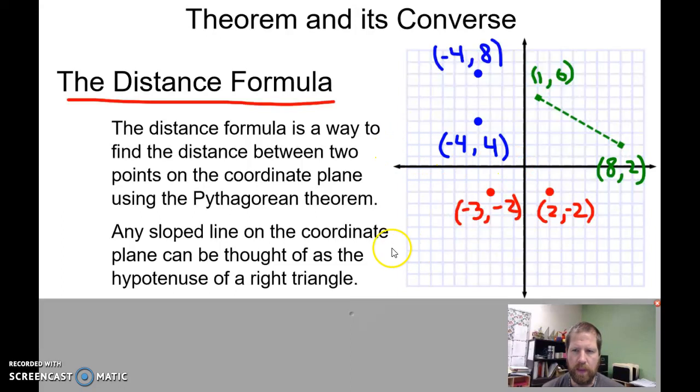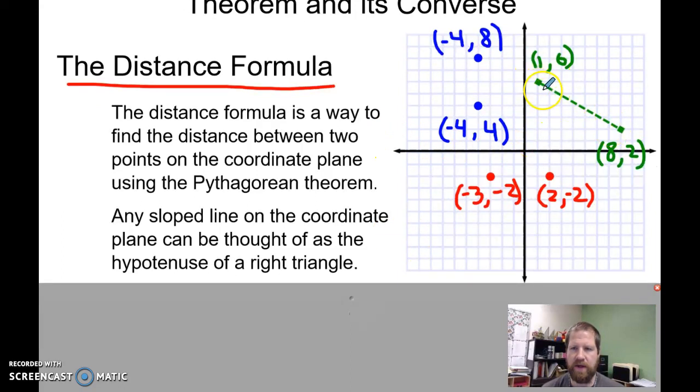Okay? And you can think of this as a right triangle, or the hypotenuse of a right triangle, because you can just drop a line down there and drop a line horizontally there, and you've got your right triangle.